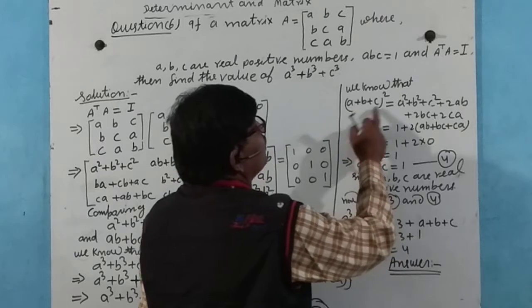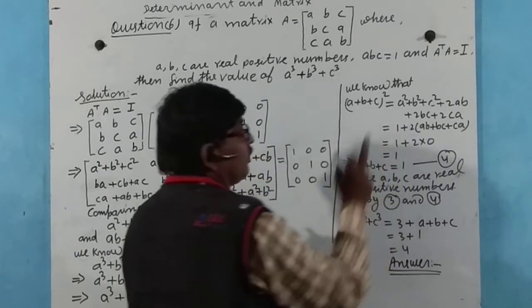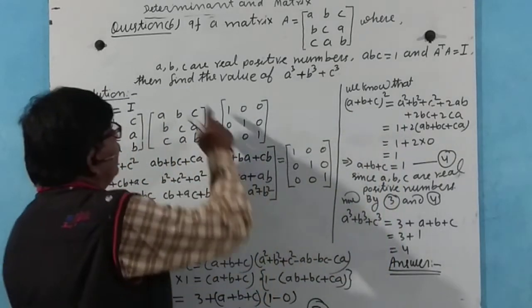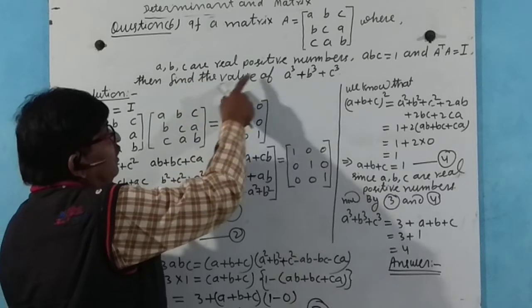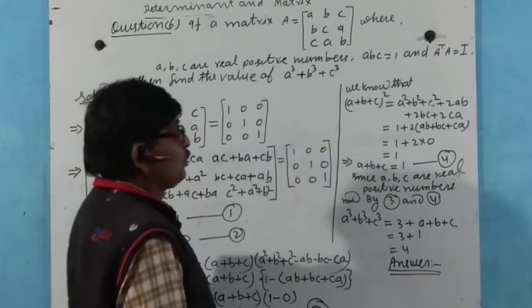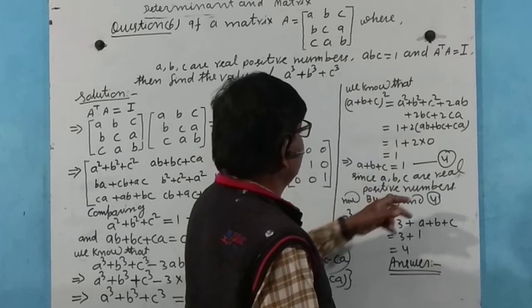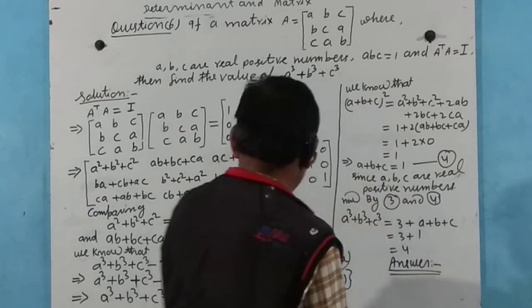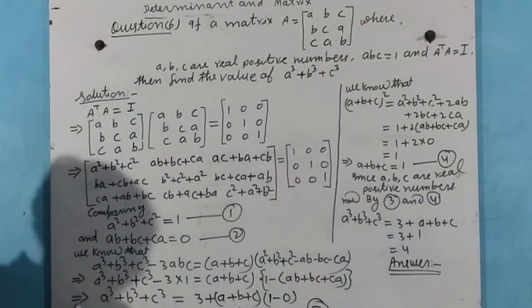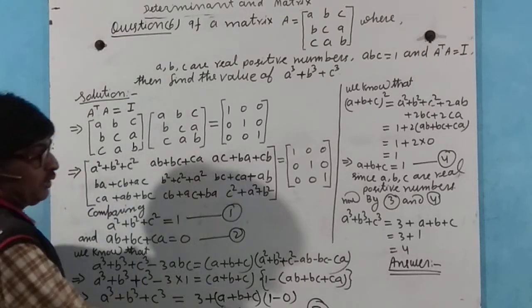So (a plus b plus c) whole square equals 1, and given that a, b, c are real positive numbers, a plus b plus c equals 1. By equations 3 and 4, a cube plus b cube plus c cube equals 3 plus a plus b plus c.